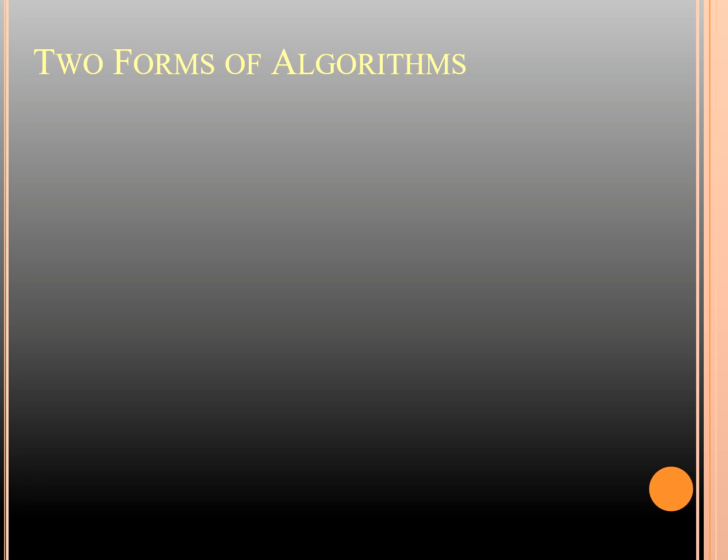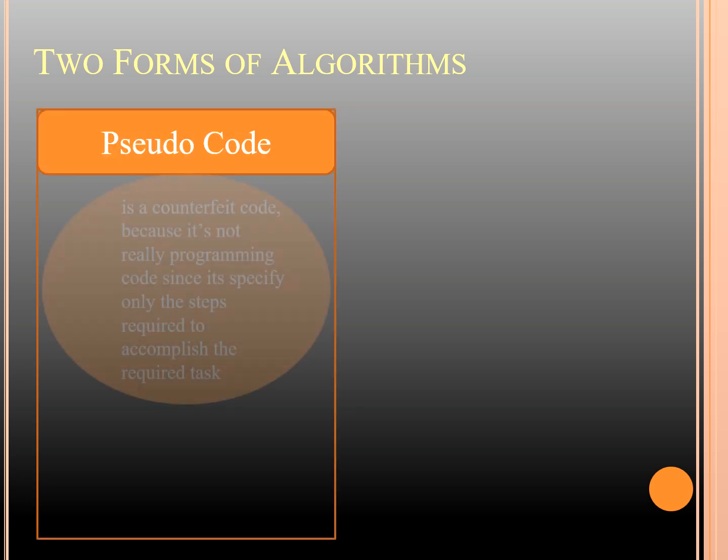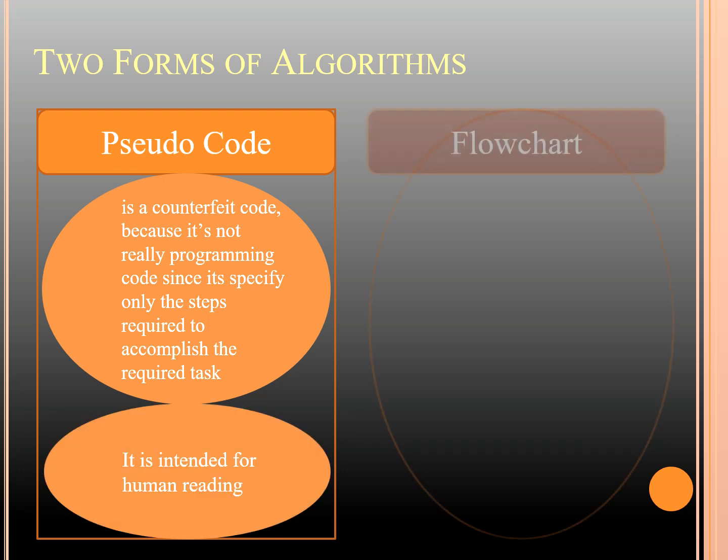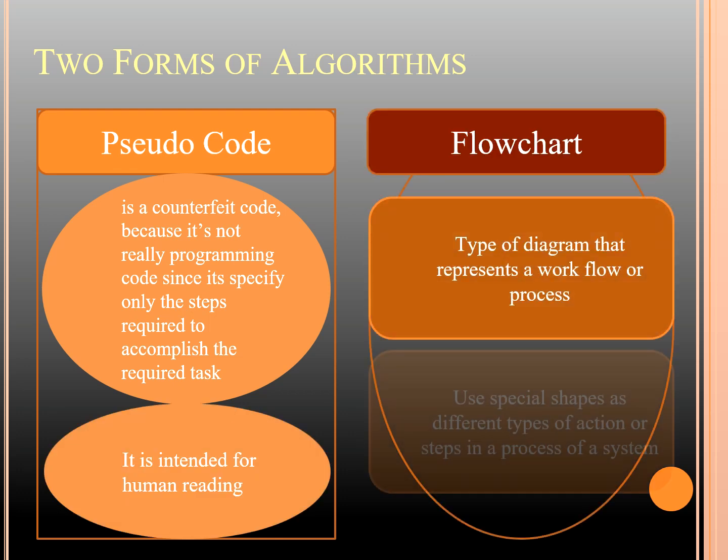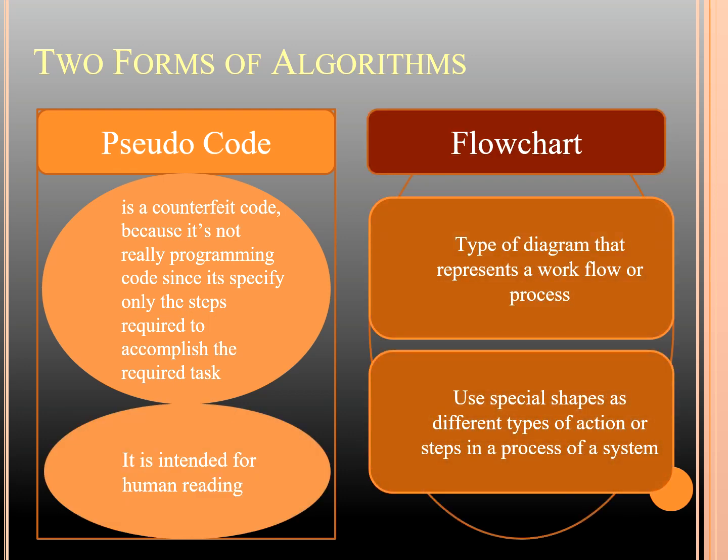So, two forms of algorithm. The two forms of algorithm are the pseudocode and the flowchart. Pseudocode is a counterfeit code because it's not really programming code, since it specifies only the steps required to accomplish the task.